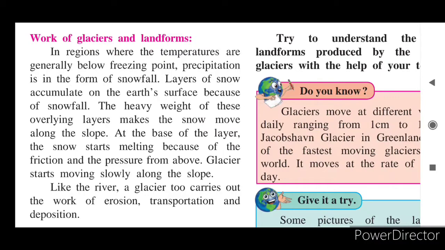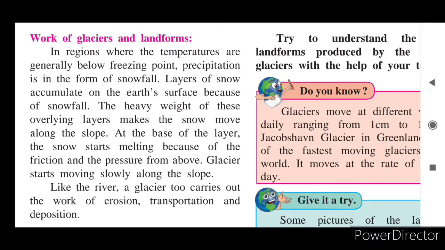The heavy weight of these overlying layers makes the snow move along the slope. At the base of the layer, the snow starts melting because of the friction and pressure from above. Glacier starts moving slowly along the slope. See children, what is said in this paragraph.